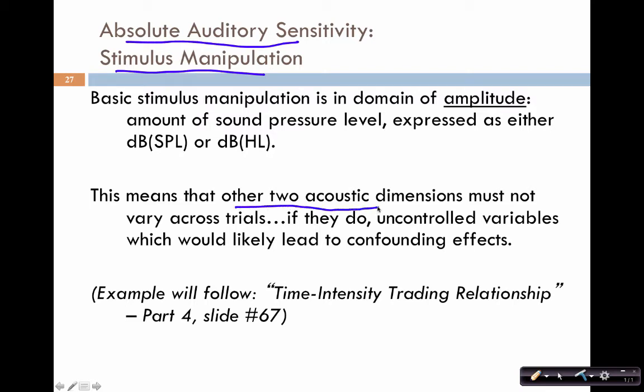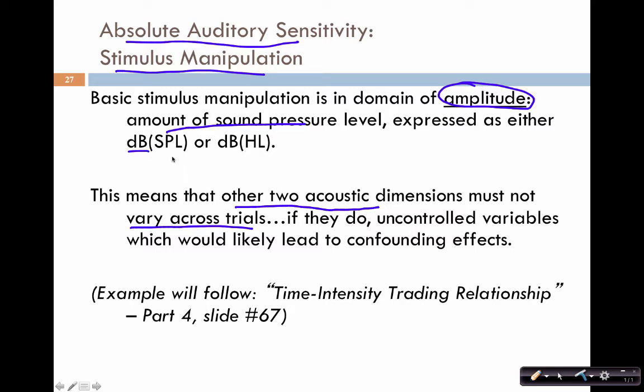Two of the acoustic factors have to be invariant across trials. And if they are, then we can make a comment about the third one that we're manipulating. So what we actually manipulate in a task of absolute auditory sensitivity is amplitude. We adjust the amount of sound pressure level in decibels.